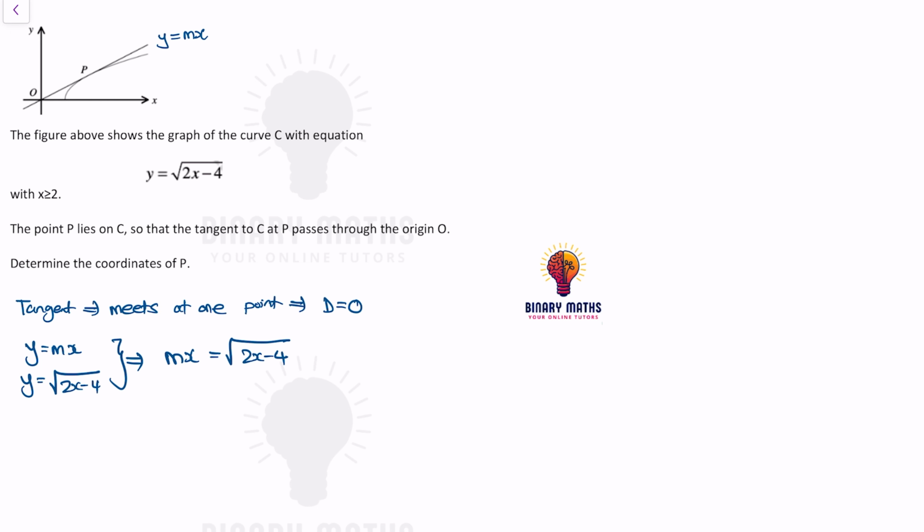Now, I don't like the square root sign, so I'm going to square both sides. So I get mx all squared must be equal to, when I square the square root sign, I just get rid of it, so I get 2x minus 4, which gives me m squared x squared is equal to 2x minus 4. If I take everything to the left-hand side, I get m squared x squared, take away 2x plus 4 is equal to 0. This is my combined function.